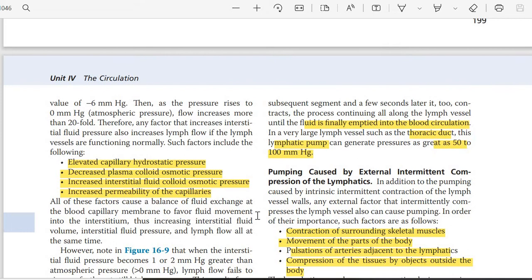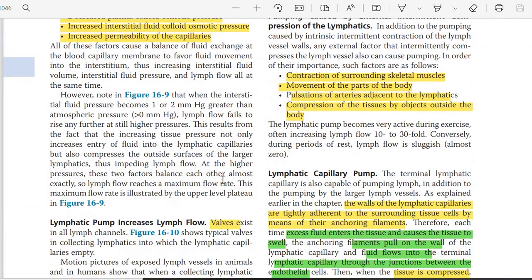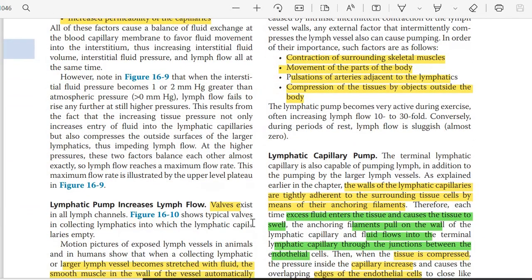Again, like Starling forces, if you increase the capillary pressure, more fluid is filtered into the interstitial fluid, so lymph formation will be more. Or if you decrease the plasma colloid osmotic pressure, increase the interstitial fluid colloid osmotic pressure, or increase the permeability of capillaries, then lymph formation will be more.